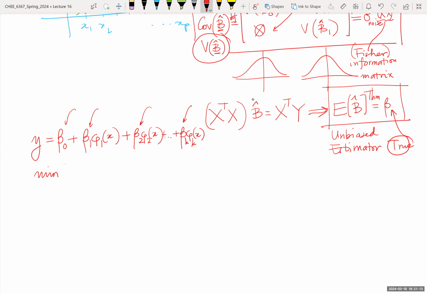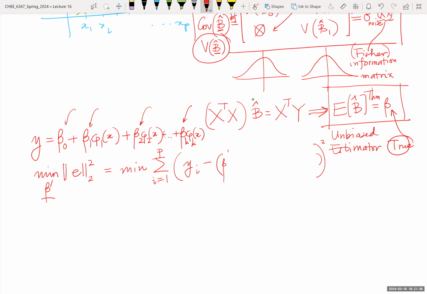You try to minimize the sum of the squared errors. Well, try to minimize this with respect to the parameter vector beta prime, which means, let me write it more explicitly, the sum of yi, i goes from 1 to p, the number of points, minus what the model spits out, squared.